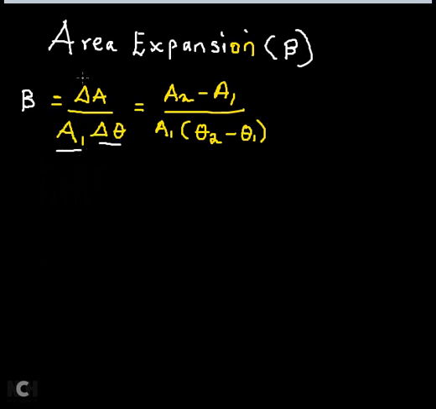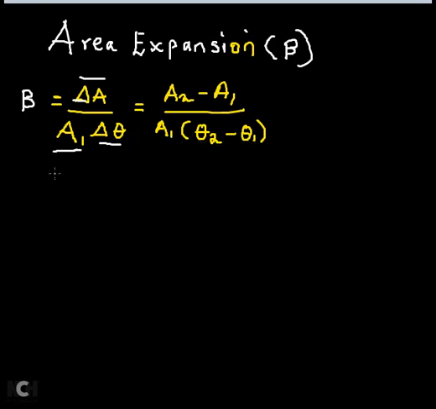The rise in area is given as the final area A2 minus A1, divided by A1, then theta 2 minus theta 1.